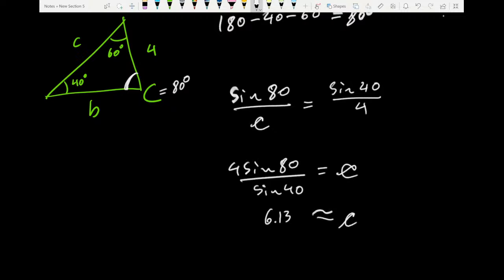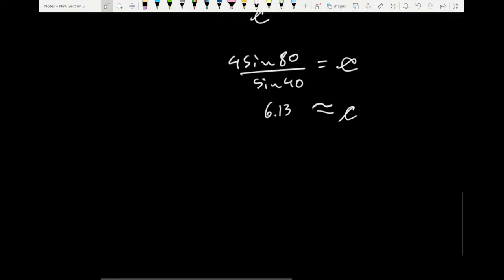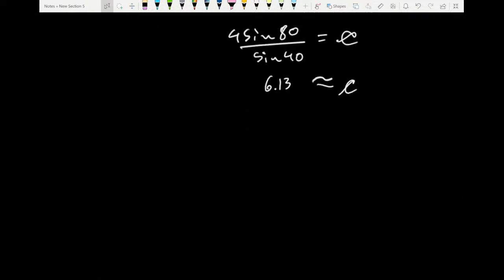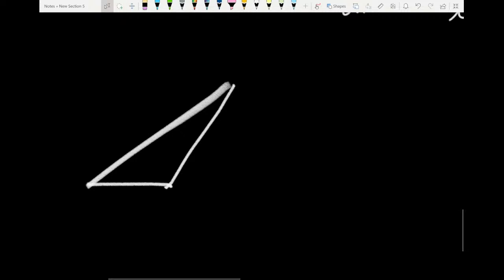So let's try another problem. We have 15 degrees, 35 degrees, a side of 5, and sides A and B. Let's try to find those.